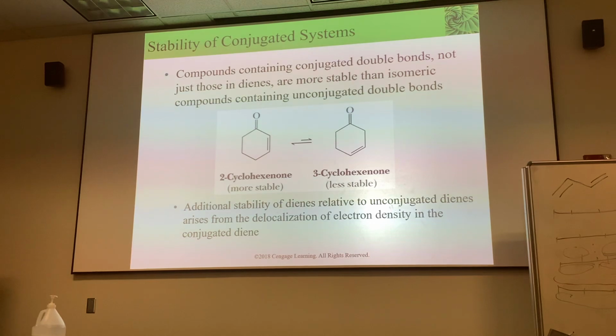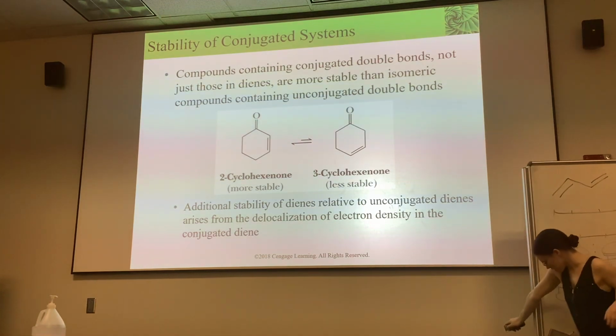I'm not seeing that as a reversible reaction. So I guess they're just saying theoretically, or there's one that I don't remember. But basically, which one of these is more stable? This guy, right? Because this is conjugated. This is not. Yeah?